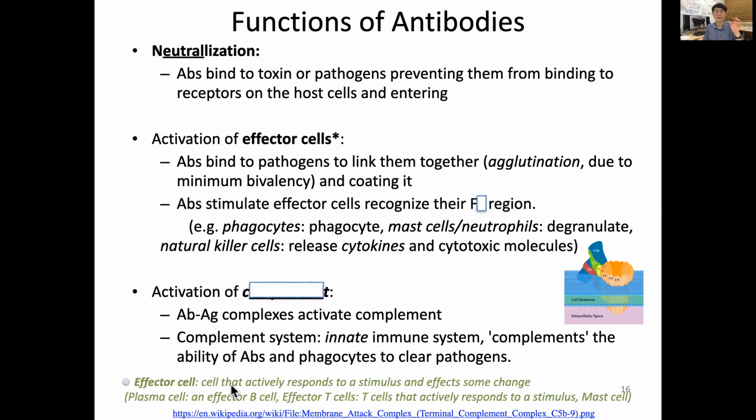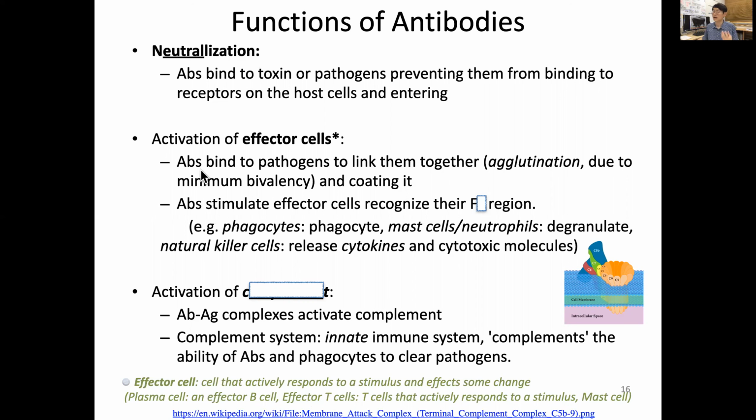Effector cells are the cells that actively respond to a stimulus and effect some change, such as a plasma cell, which is an effector B cell, because once a B cell is activated, the cell has to produce a lot of antibody, and those antibody-producing cells are plasma cells. And there are effector T cells, which are T cells that actively respond to a stimulus, or mast cells.